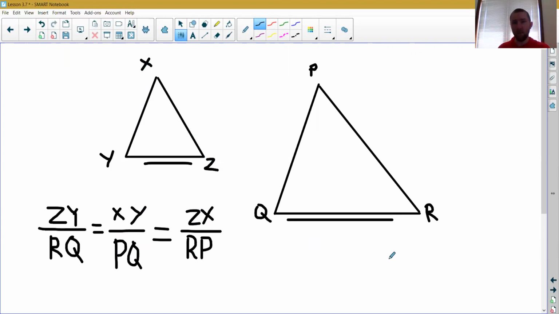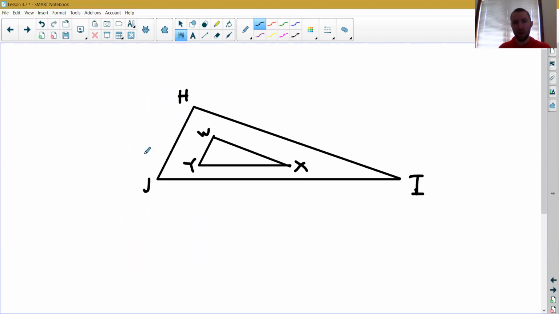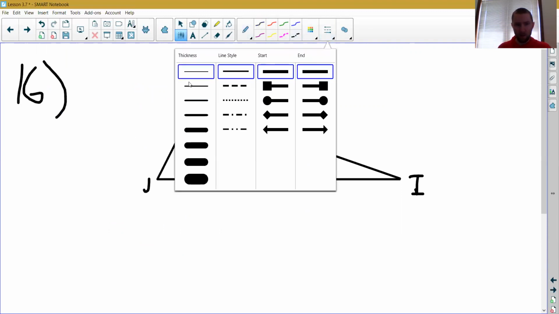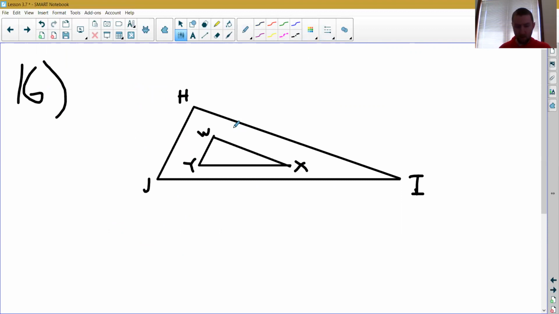Now, the only other thing I need to point out to you is in number 16, I believe there is a typo in your books. So I have the picture right here for number 16, in your practice problems. And they list out for you a bunch of information in this picture. They tell you that this side over here is 12, HJ is 12. They tell you that WY is 6.